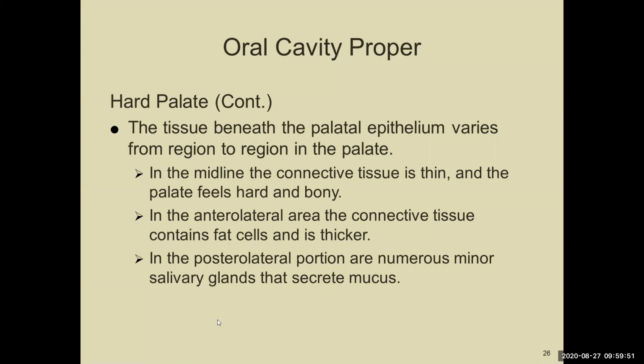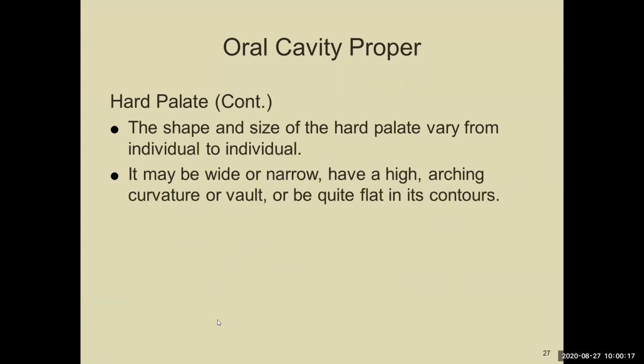In the posterior lateral portion, behind and to the sides, there are numerous minor salivary glands that secrete mucus. So if your patient has their mouth open for a really long time, their mouth is dry, you're going to start seeing this tiny little drop of fluid coming out, tiny little drops, and those are those minor salivary glands.